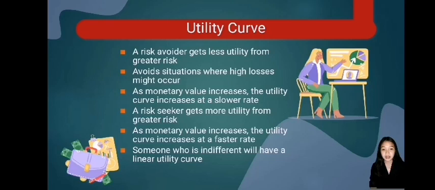And a risk seeker gets more utility from a greater risk. As monetary value increases, the utility curve increases at a faster rate. So, someone who is indifferent will have a linear utility curve.